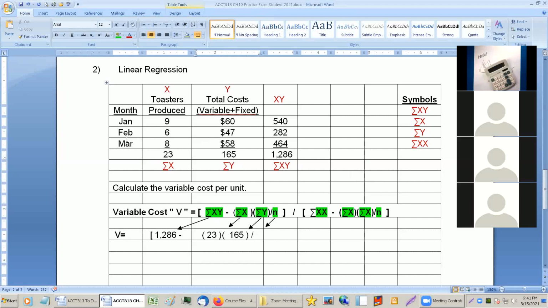And I divide it by, and this is the one that's a little bit tricky, we just count the data points. So in this case, it's 1, 2, 3. So this is the n, and it'd be the 3.